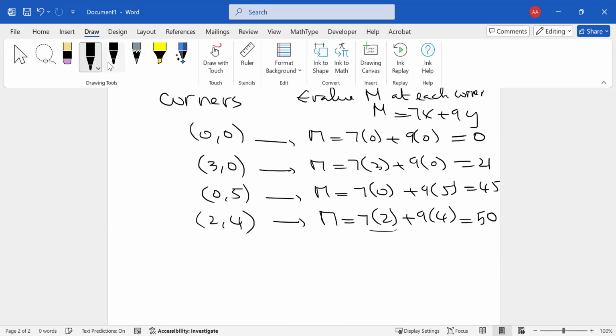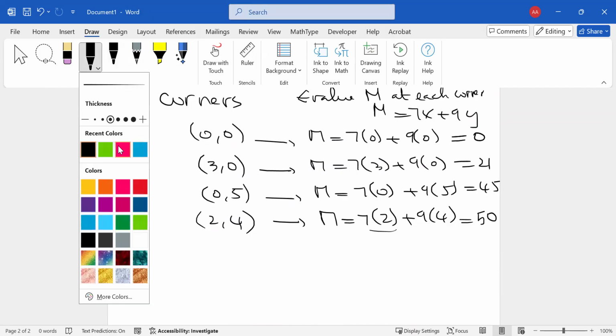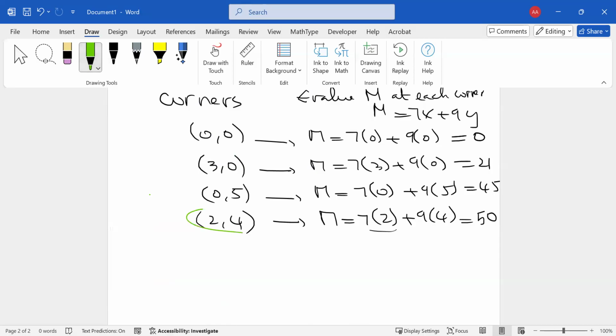You see, we were looking for the maximum, and algebra rules tell us the maximum is only reached at one of the corners, or at a corner. The maximum or minimum will be reached at a corner. Since these are the only corners, then the maximum will be at this point right here.